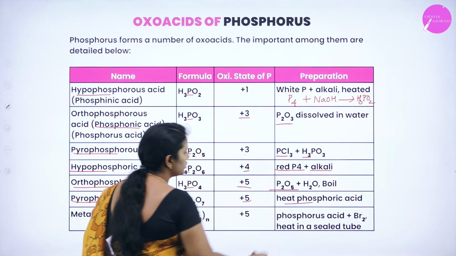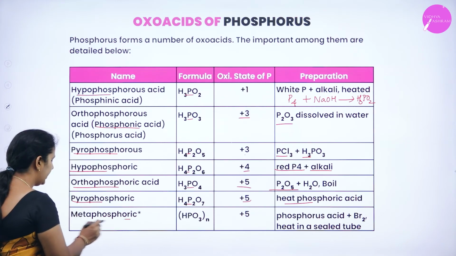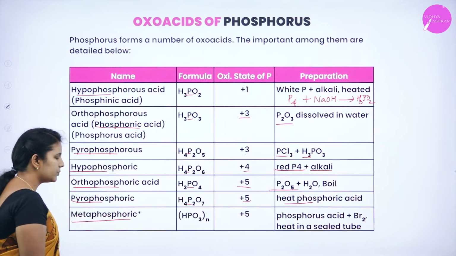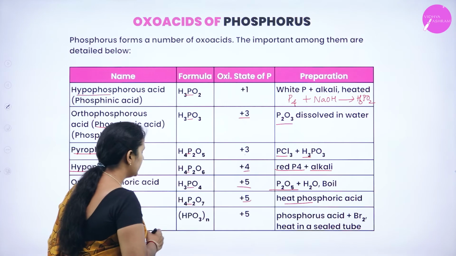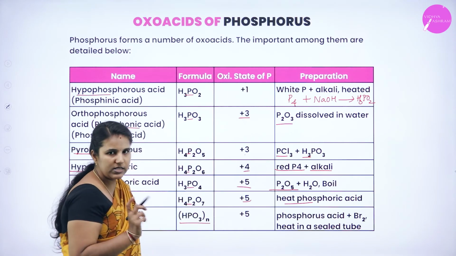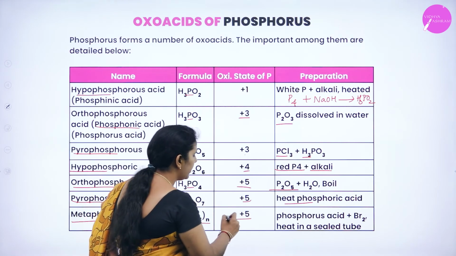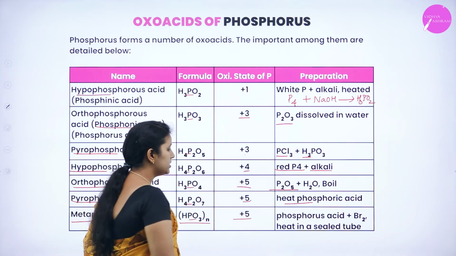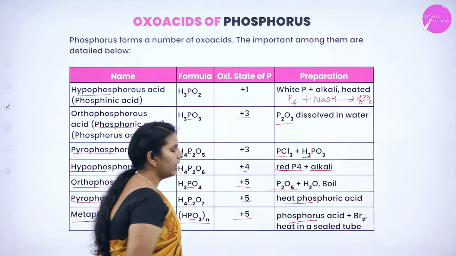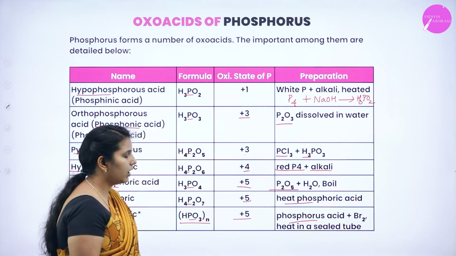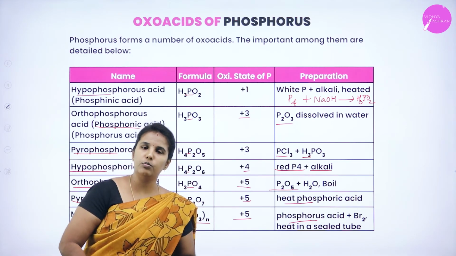Just by heating phosphoric acid, you will get pyrophosphoric acid. Next is metaphosphoric acid. The formula is represented as (HPO3)n, where phosphorus has a +5 oxidation state, and phosphoric acid is allowed to react with bromine water and heated in a sealed tube to get metaphosphoric acid.